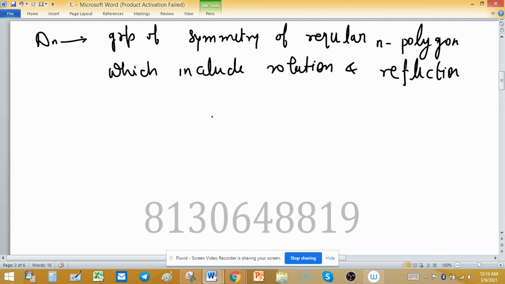And also, the order of D_n is equal to 2n.